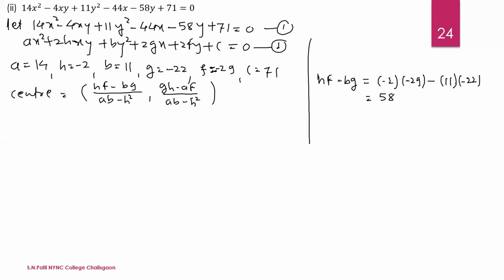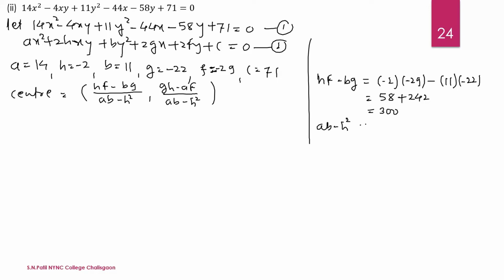Now here 11 into 22, that is 242, and this minus, so plus 58 minus 242, we get minus 300. Now calculate ab minus h square.